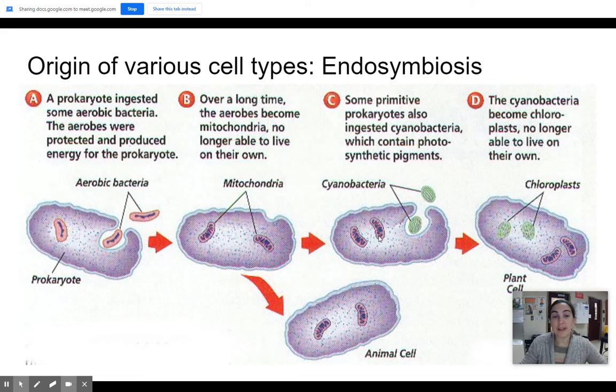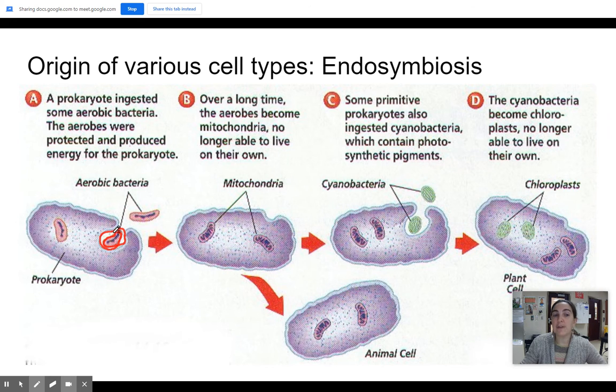The other thing that provides some evidence is both mitochondria and chloroplasts are surrounded by a double membrane. And we'll look at that a little more closely when we study energy. But you can see here the way that that double membrane around those organelles evolved is one of the membranes, the inner one, was actually the membrane of that original prokaryote. The second membrane was this kind of bubble of the host cell membrane that formed as it took that bacteria in.